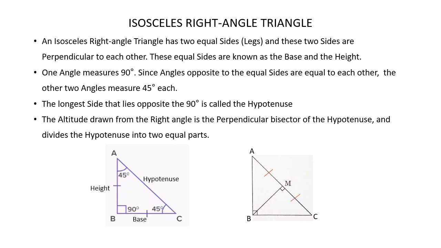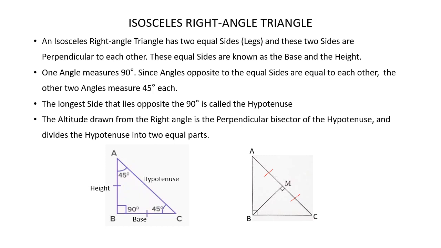Now the longest side that lies opposite the 90 degrees is called the hypotenuse. So this angle is 90 degrees and the side opposite to this 90 degrees would be this side. So AC is the hypotenuse of this isosceles right angle triangle.